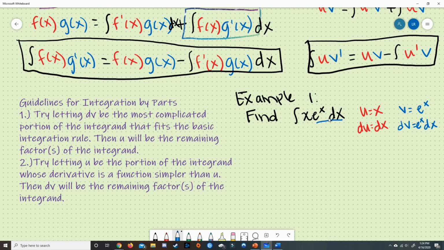And so we're saying that this equals u times v minus the integral of du times v.